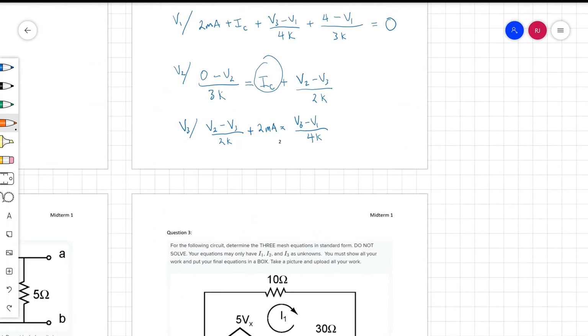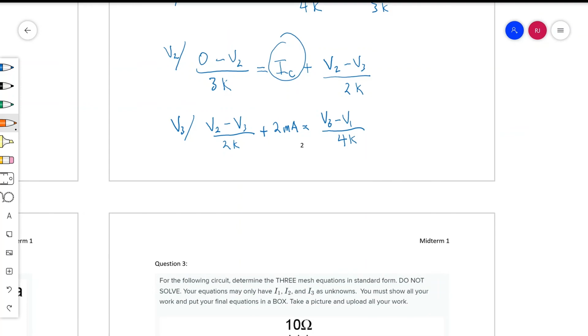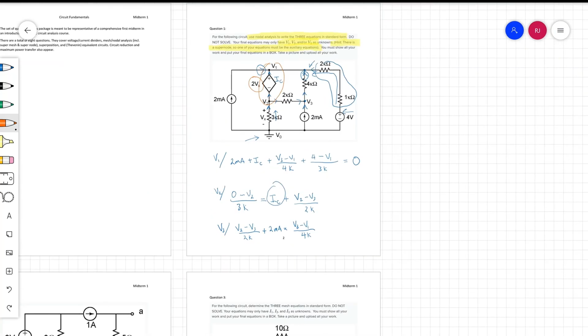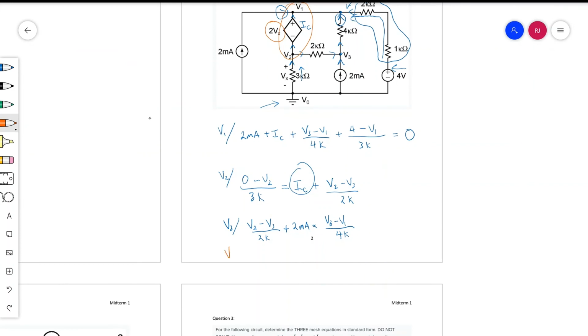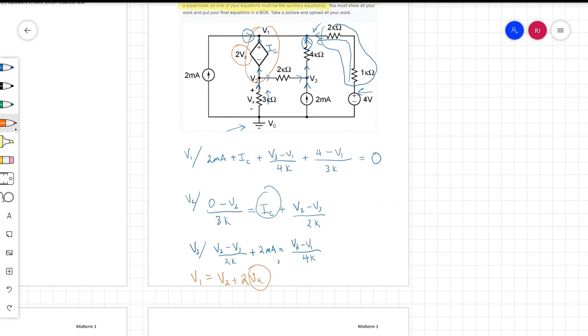Our supernode equation says that V1 is equal to V2 plus 2Vx. So now we have 4 equations and 5 unknowns. That fifth unknown came from this Vx. So we need another equation.